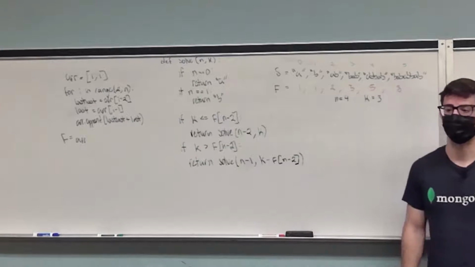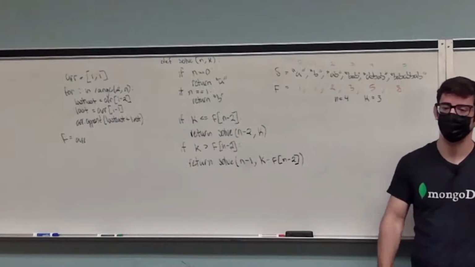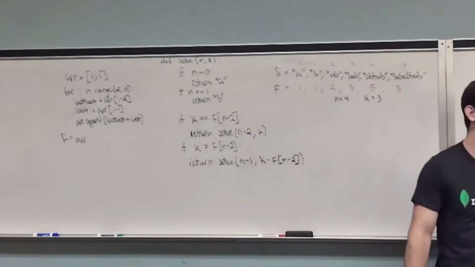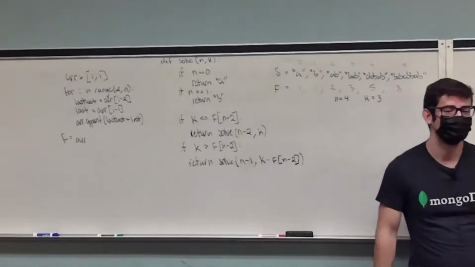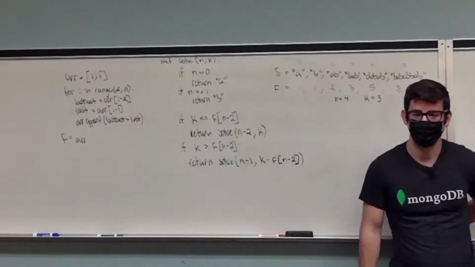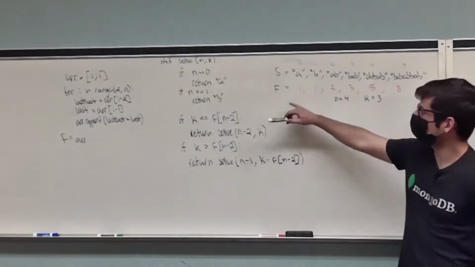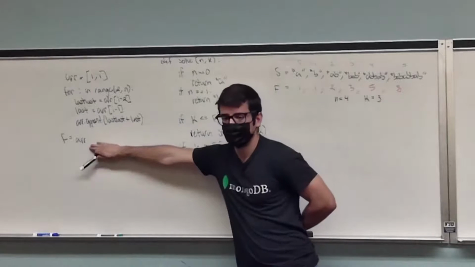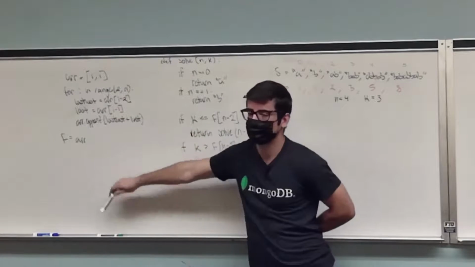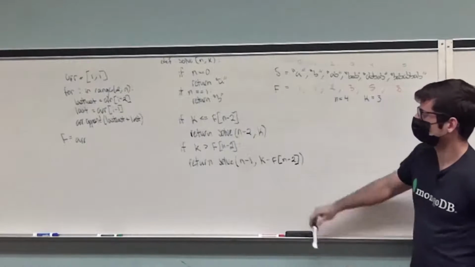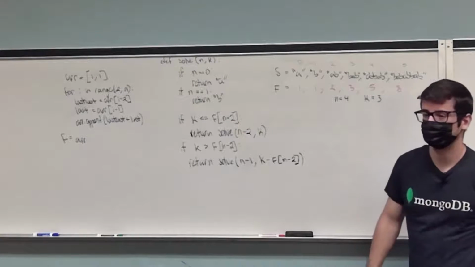What is f of 2? You call it recursively to know the answer to that, right? No, f we already built here. It's all just the number sequence. All of that happened before solve. So now f of 2, what is it?